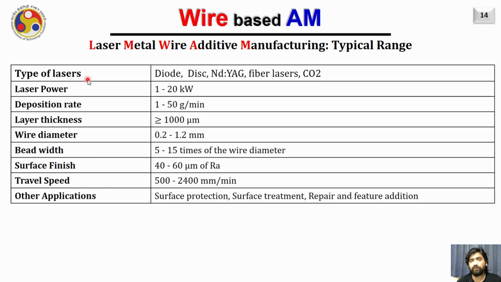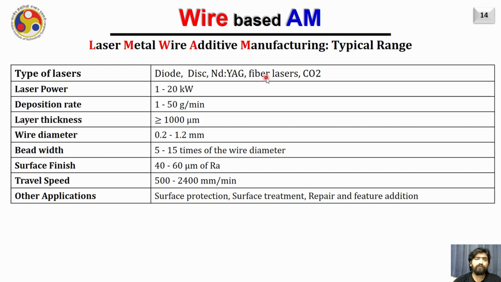The CO2 laser has a wavelength of around 10,000 nanometer, and due to this high wavelength it is not very efficient in processing metals. Therefore, the diode, disc, Nd:YAG and fiber lasers are more popular in laser metal wire additive manufacturing systems.